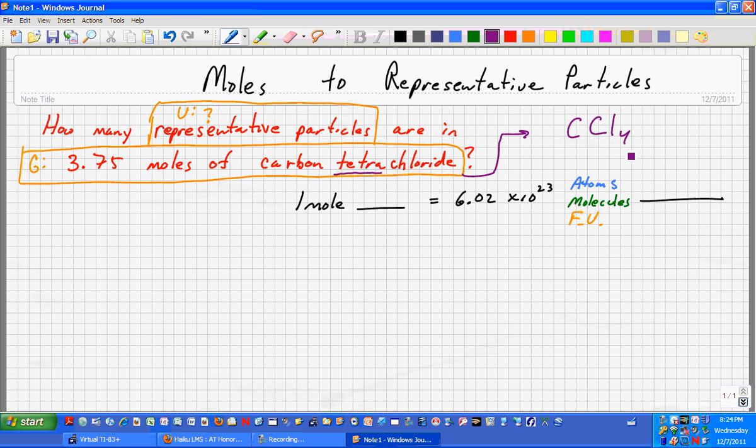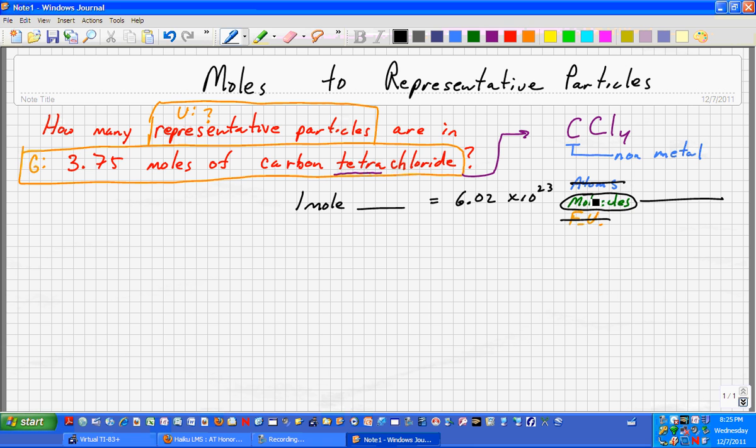And since carbon is a non-metal, that means my first element is a non-metal, which would make this molecular. On top of that, the prefix told me it was molecular. So the representative particle for a molecular compound is molecules. I can eliminate atoms, and I can eliminate formula units.